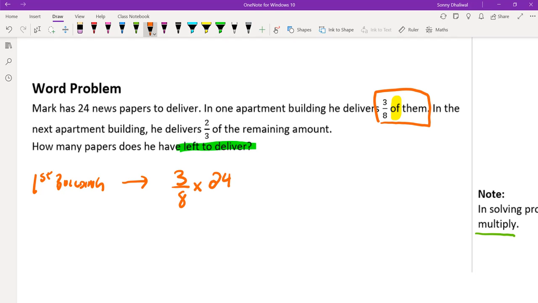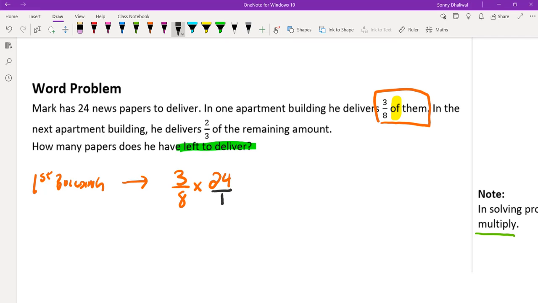Okay? Now when you're multiplying fractions, this isn't a fraction. So to make it into a fraction, any whole number can be put over 1. And then we look to reduce. Can we simplify this?